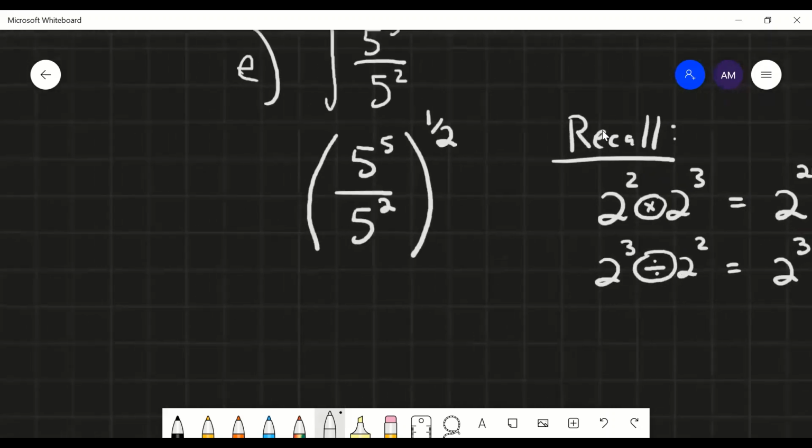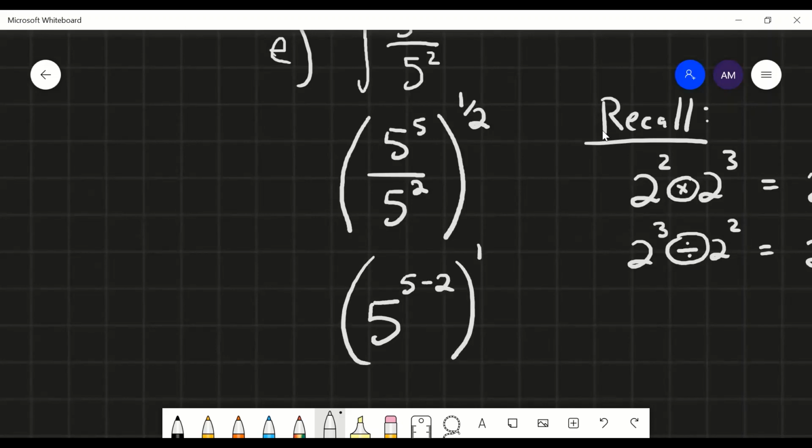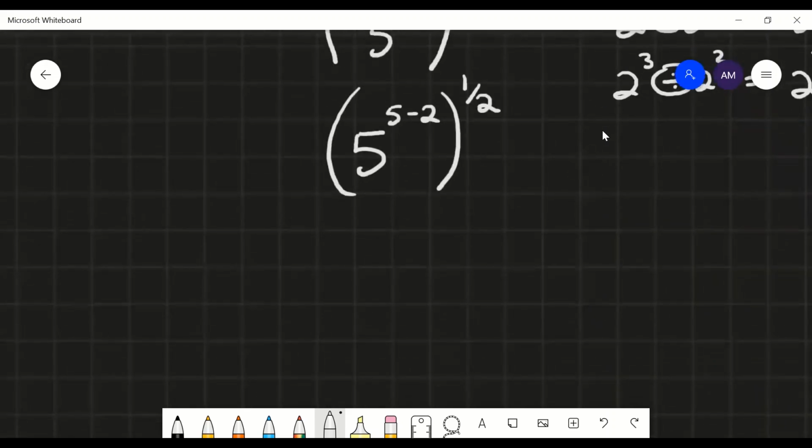This is what's going to happen here with our 5s. If you think of what a fraction is, it's just a division. It's 5 to the power of 5 divided by 5 to the power of 2. So the result would be 5 to the power of 5 minus 2. And of course, we have to keep this 1 over 2 on the outside. 5 minus 2 in the exponent is just going to make 3.